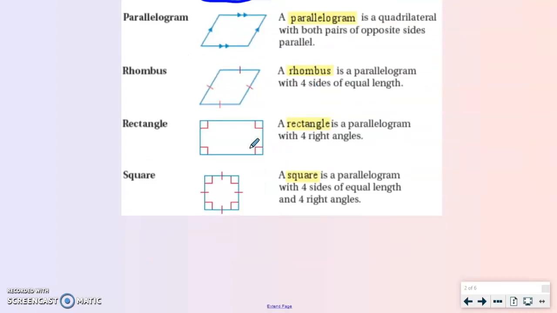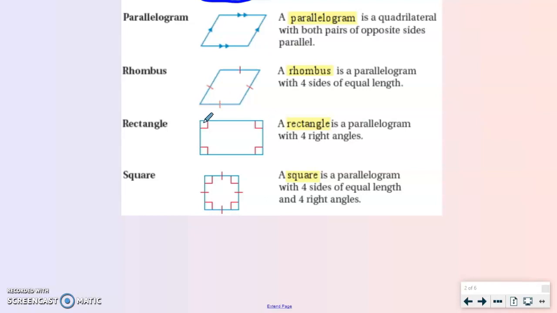Next, we're going to get into a rectangle. And this is kind of like a common shape that we learn early on in school. It's a parallelogram. So parallelogram again, meaning that these sides are parallel and these sides are parallel to each other. However, it's special because it also has four right angles. So now we see these symbols again, the little squares in the corners letting us know that they are right angles.